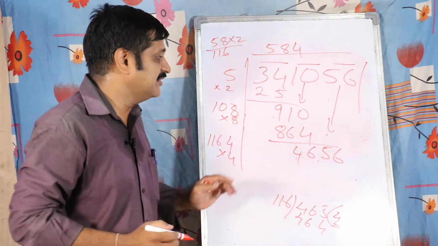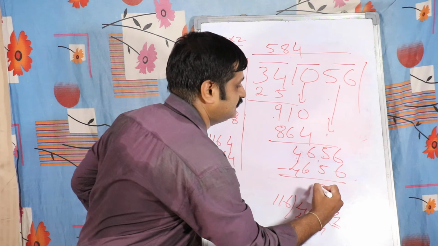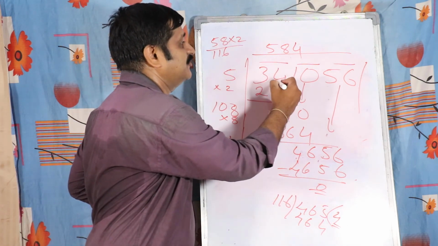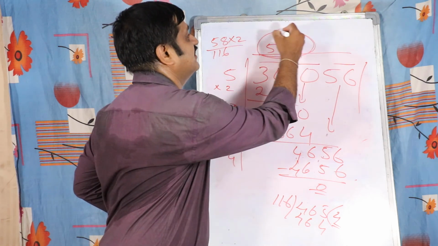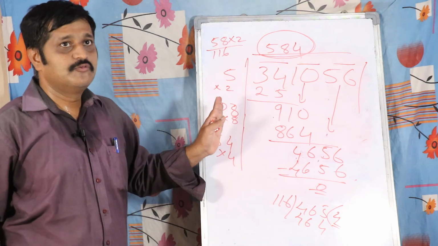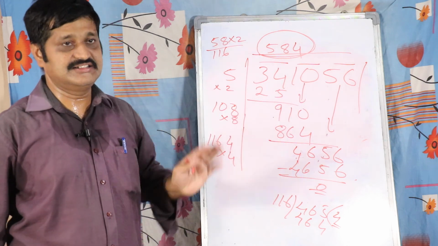So the sum is 4656. So the difference is 0. So the square root of 341056 is 584. Okay. In this way you can find the square root of 6-digit numbers, and 7-digit and 8-digit numbers and more than that. Okay. Clear?